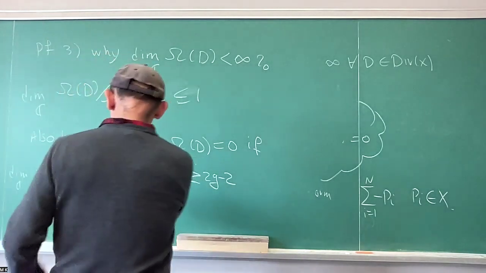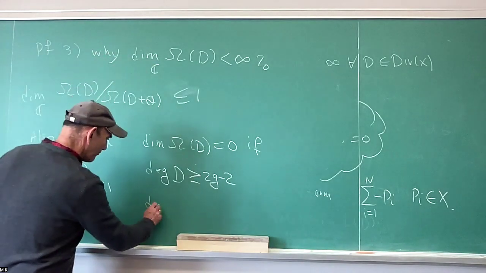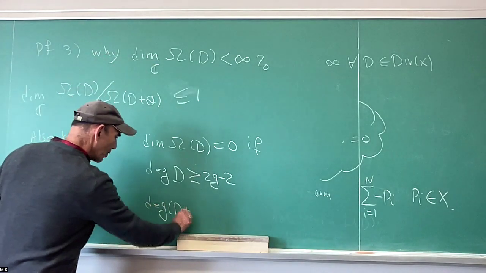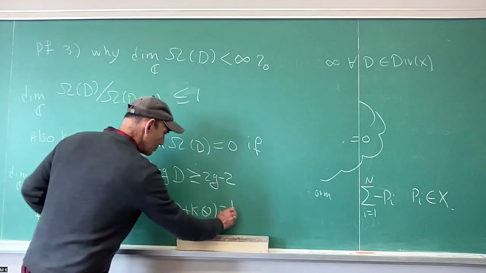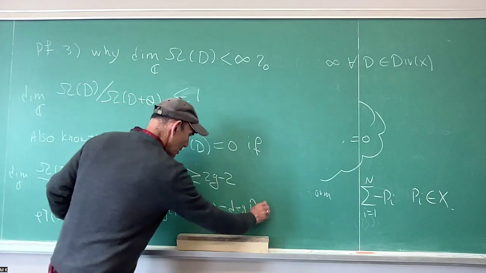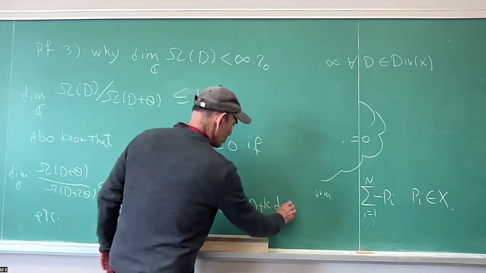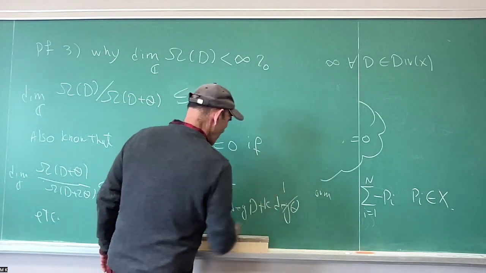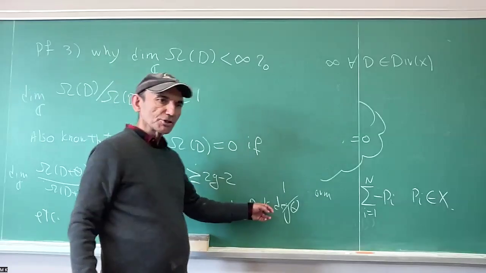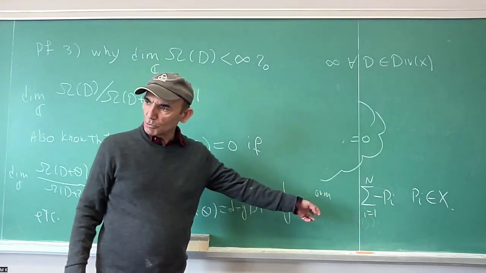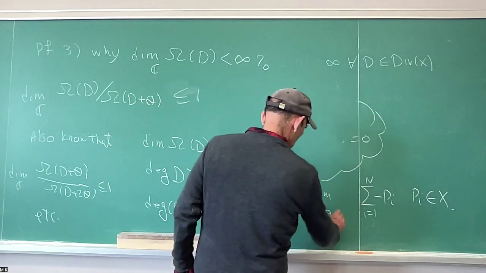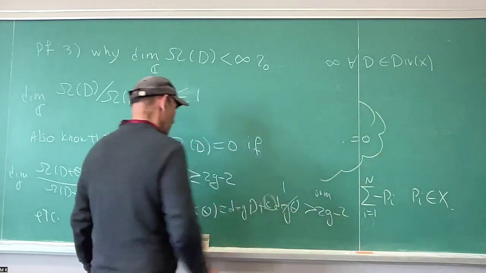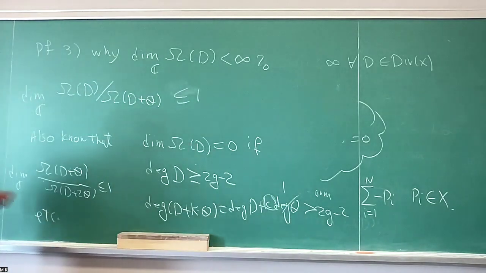The reason is that the degree of D plus k times Q is equal to the degree of D plus k times the degree of Q. But this is 1. So if you choose k large enough, you're going to surpass 2g minus 2, and that's all we care about.